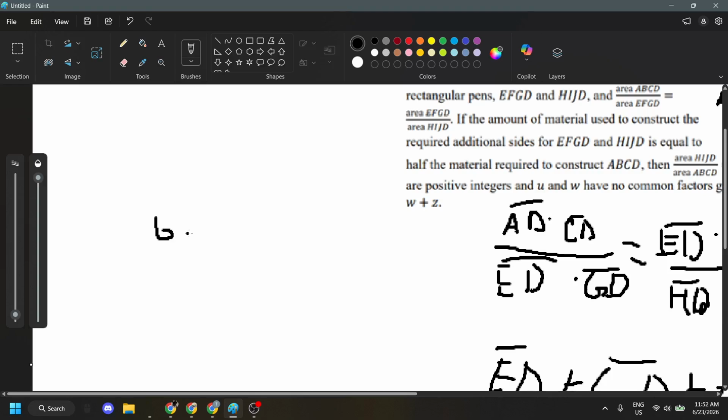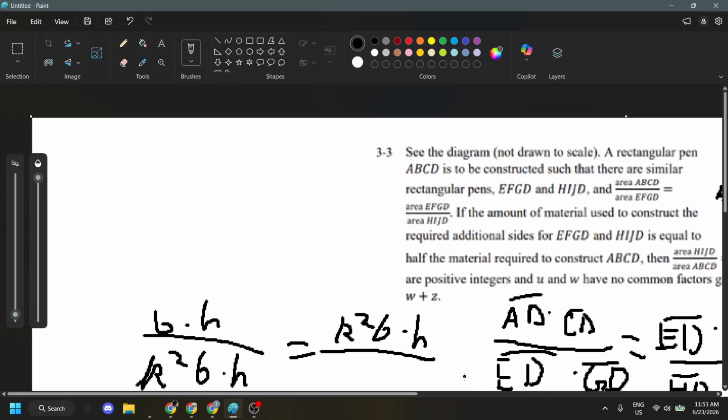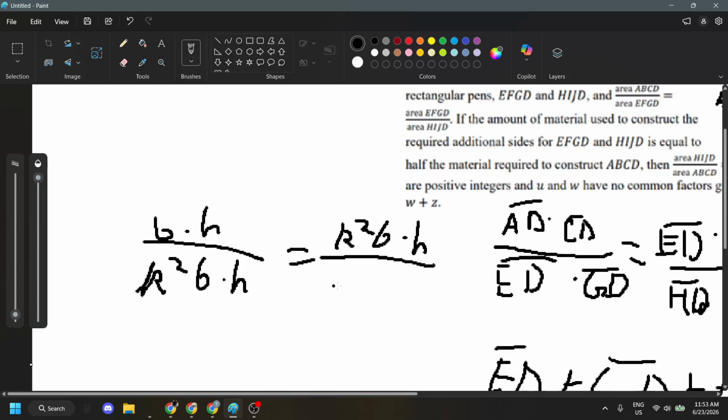We have base times height over K squared base times height, is equal to K squared base times height over Q squared base times height, since they're not similar to each other.